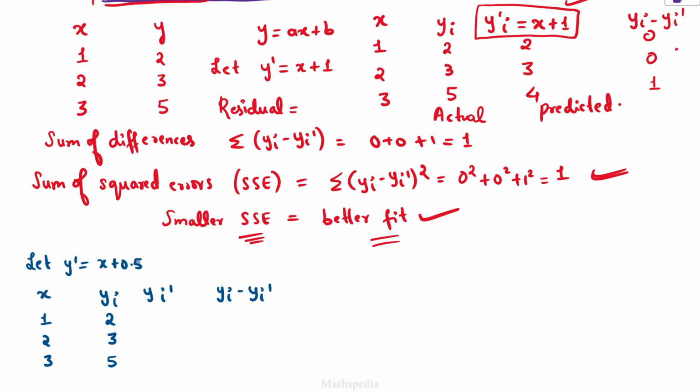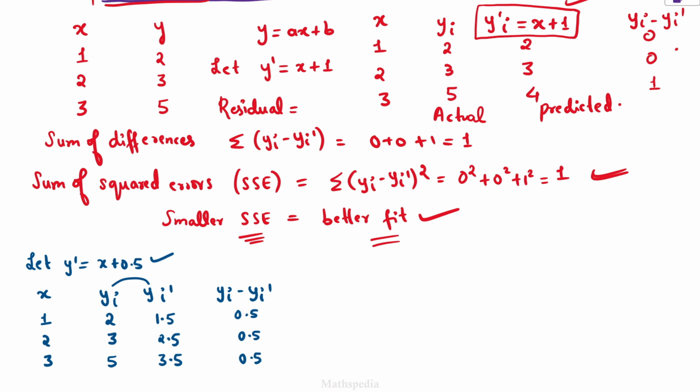Yi dash is basically substituting the x value here, x plus 0.5: 1 plus 0.5, 1.5, 2 plus 0.5, 2.5, and here we are having 3.5. Then the residual of each data point, we have to find the difference between these two. It is 0.5, 0.5, 0.5.